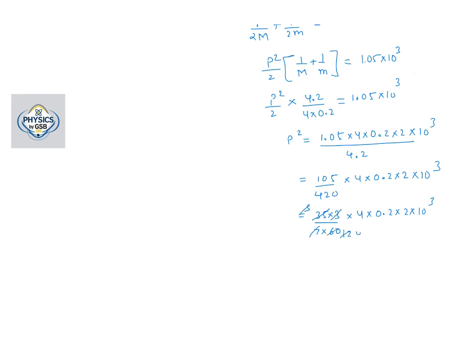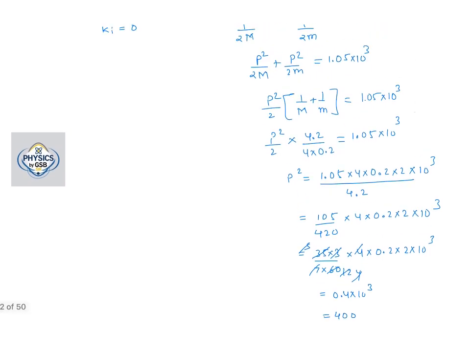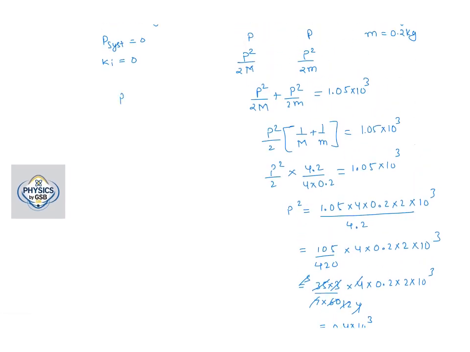So the 4s get cancelled. So it comes out to be 0.4 into 10 to the power 3, or 400. So from here I can say this p square is coming out to be 400, which implies p will be equal to 20.